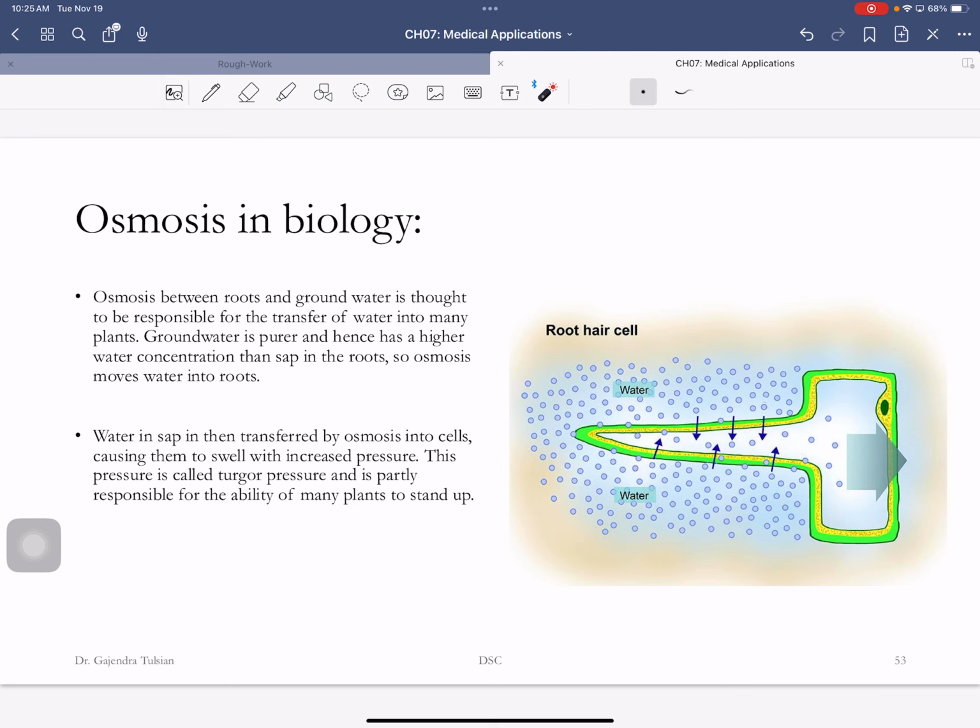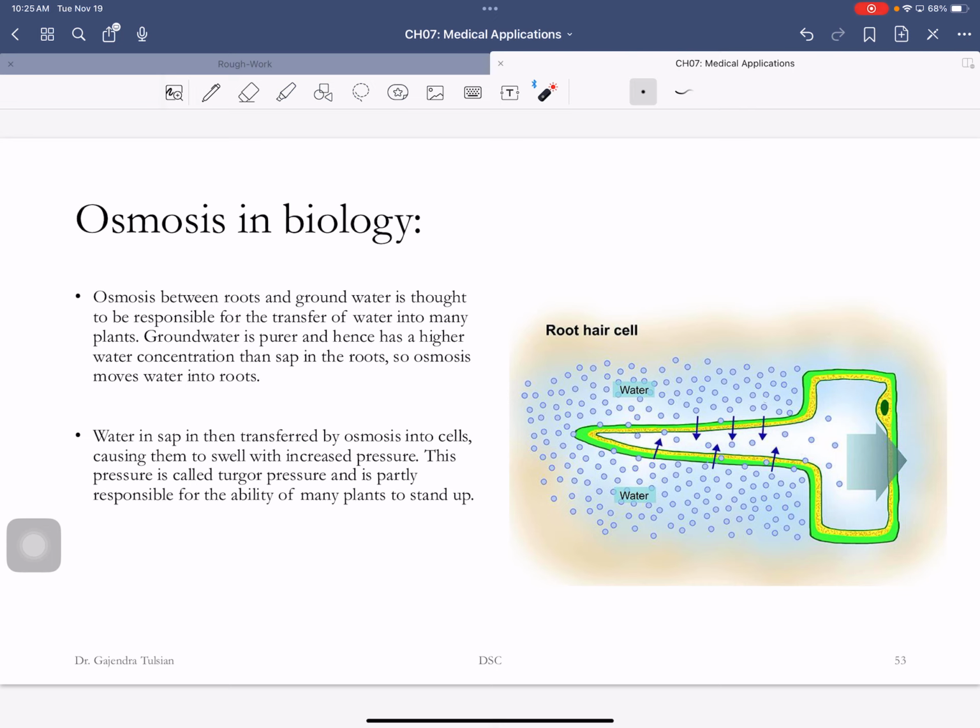Osmosis between roots and groundwater is thought to be responsible for transfer of water into many plants. Groundwater is purer and hence has a higher water concentration than sap in the roots. So water moves from here into the roots.